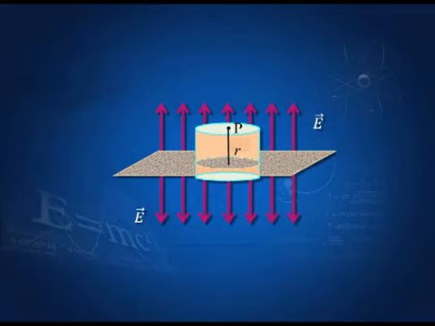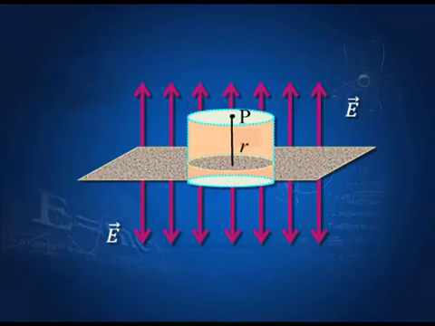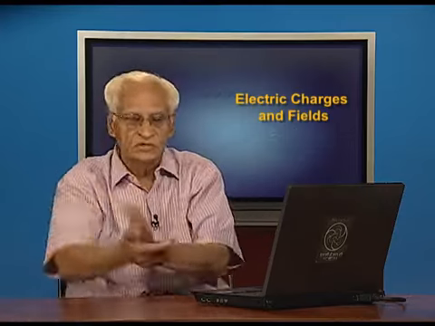And the flux, what is the flux? Flux is only through these plane sides, not through the curved sides, because the electric field is parallel to the curved sides. So, the flux through these plane sides is from this side as well as from the other side, because the sheet has two sides.